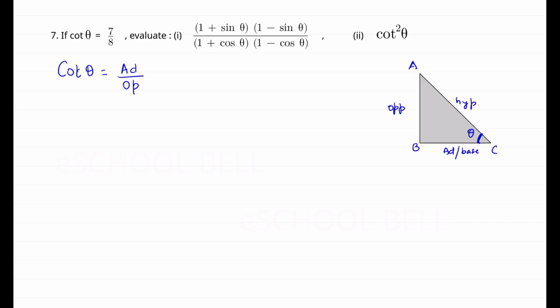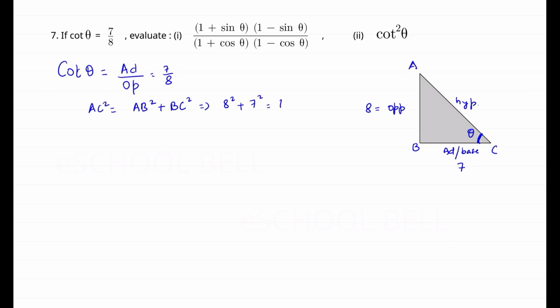So, using Pythagorean theorem, here adjacent is given as 7 and opposite is given as 8. So cot theta is 7 by 8. Using Pythagorean theorem, we will find the hypotenuse. AC square will be equal to AB square plus BC square, and AB square is 8 square and BC square is 7 square.